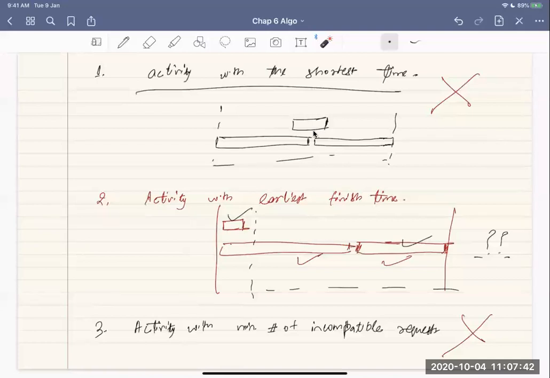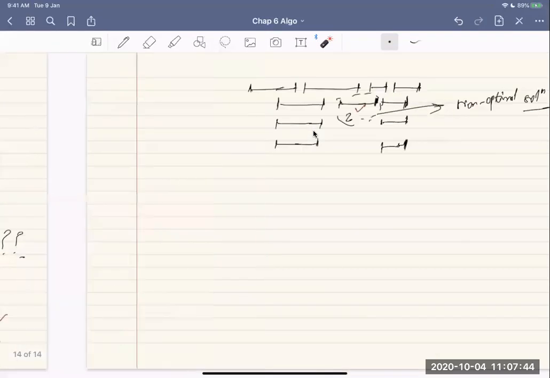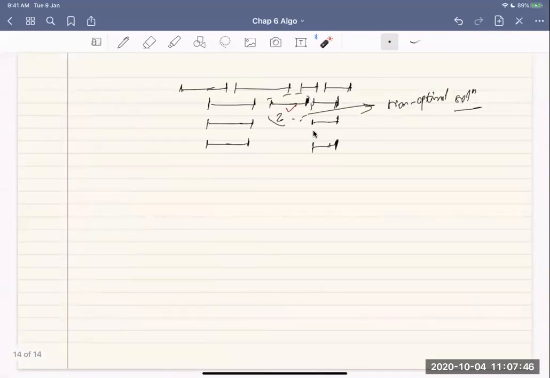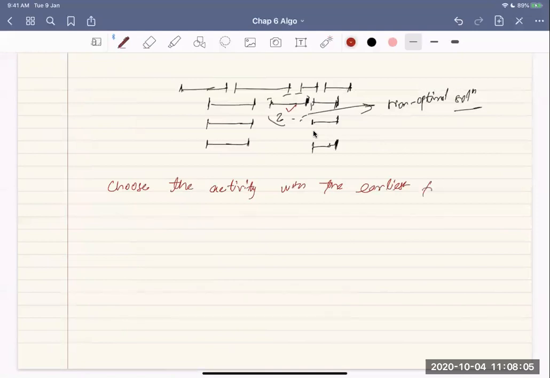So what will be the algorithm? Choose the activity with the earliest finish time, and then you remove all the incompatible things.